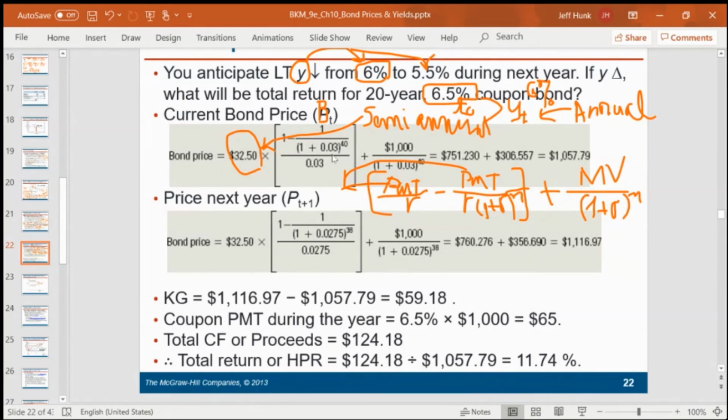So that's why 0.03 raised to 40. Why 40? Because 20 years are left, and that means 40 semesters. So if you calculate it, it comes to 1,075.